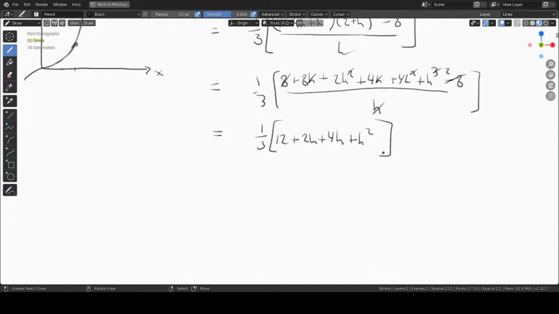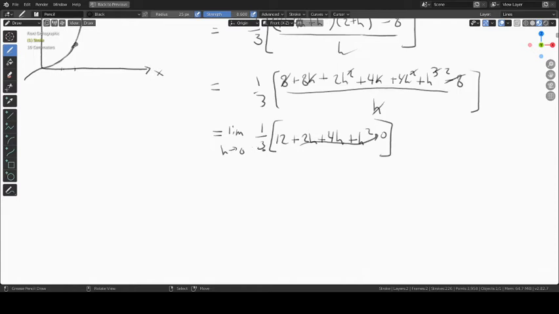And then again, don't forget that it is the limit as h is approaching 0. Now, all of those terms with h's are just going to go to 0 as h is approaching 0.